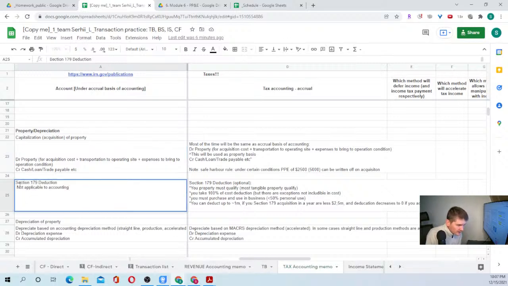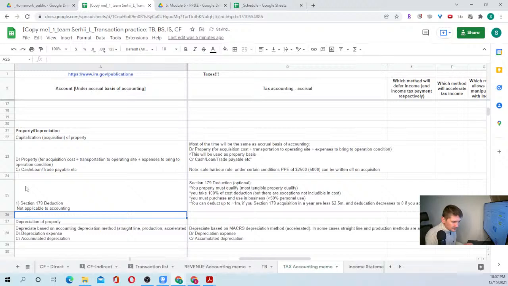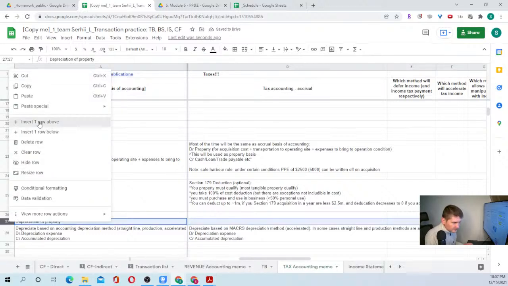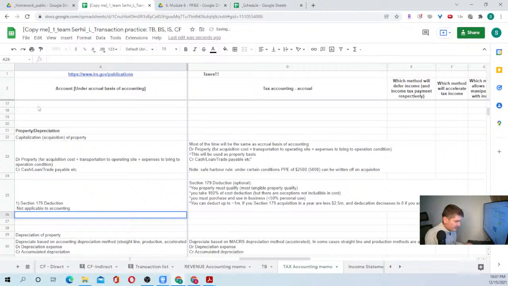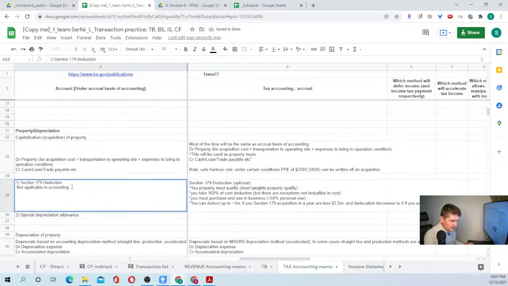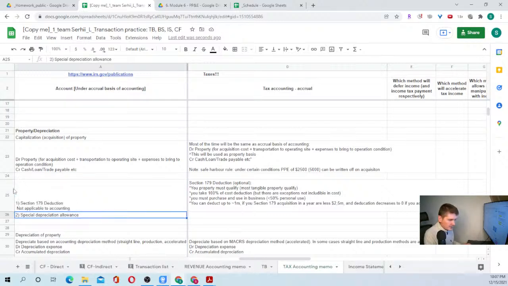Second, special depreciation allowance, and it's also not applicable in accounting, so it's purely a tax item.